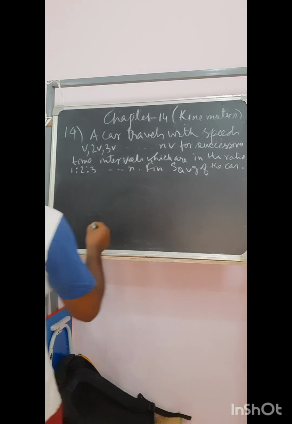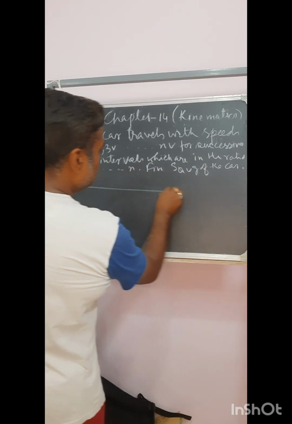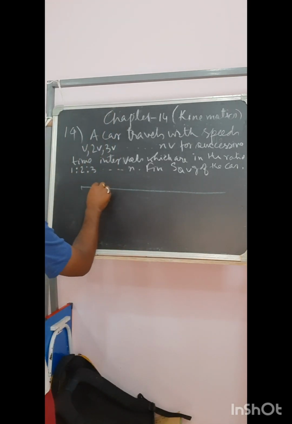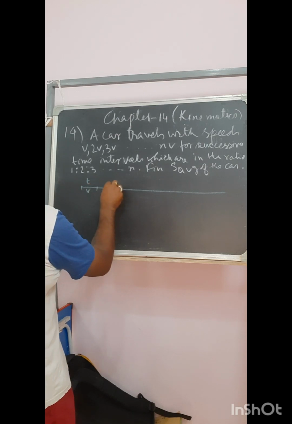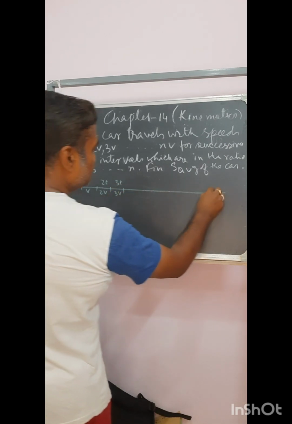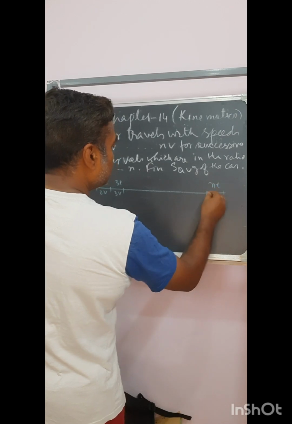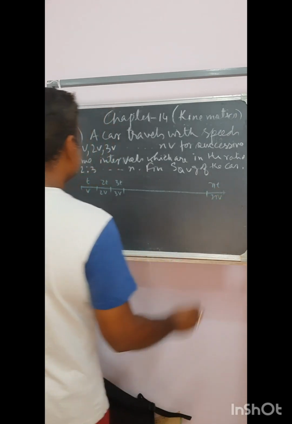Now the car is moving with the velocity v, so this is linear motion. The first time t is with v, then 2t with 2v, then 3t with 3v, and so on up to nt with nv.